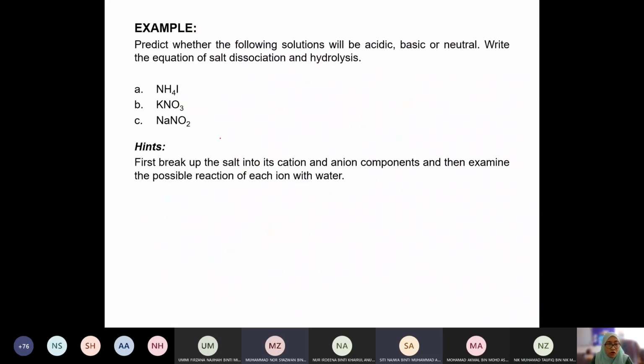So do not answer that NH4I is the salt produced from a strong acid versus a weak base. That one is not a solid reason.